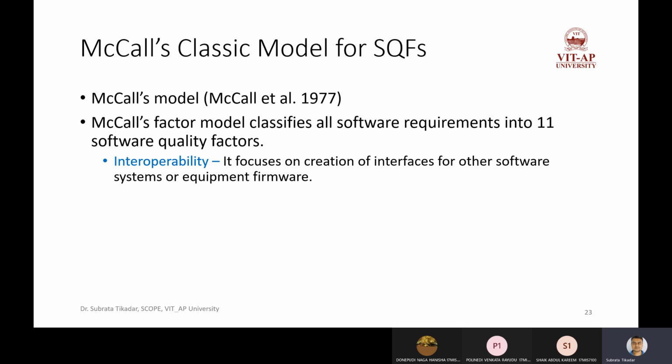Then you should think about the interfaces to link the laboratory system with the physician system or doctor system or nurses system. So this interoperability should be there to make a high quality of software. That's why interoperability is also a factor for software quality.